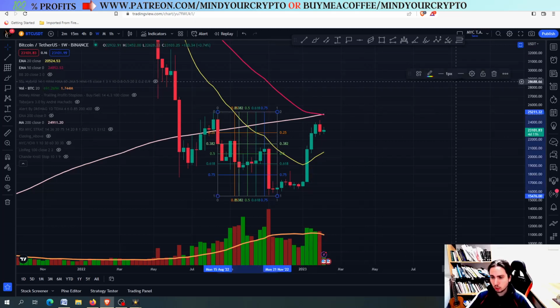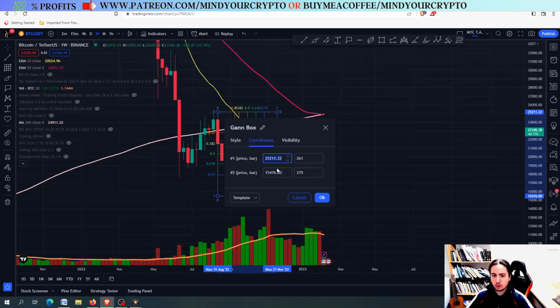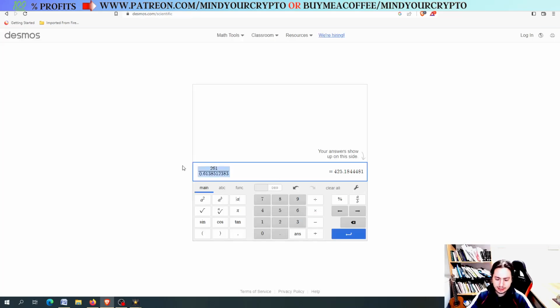What you need to do is simply go to the coordinates, and in order to square the price to bar ratio to be 1, you want to square the chart, right? You need to copy this number and paste it in the Desmos scientific calculator or anything you want.